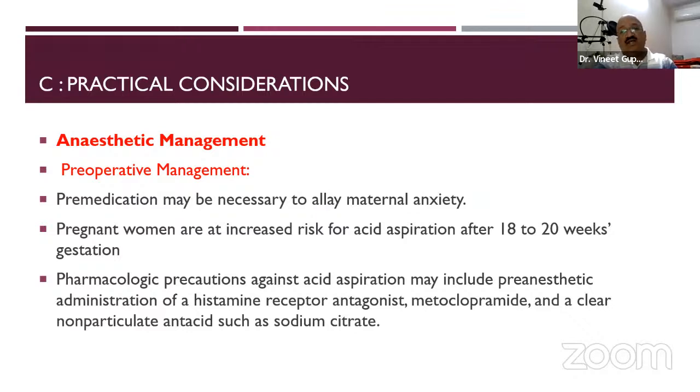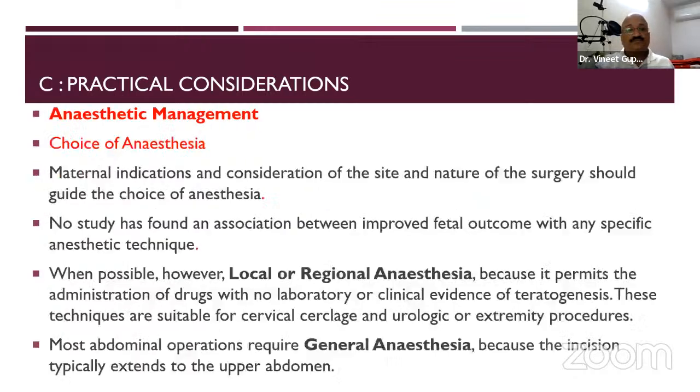Pregnant women are at increased risk for acid aspiration after 18 to 20 weeks of gestation. Pharmacological precautions against acid aspiration may include pre-anesthetic administration of a histamine receptor antagonist, metoclopramide 10 mg IV, and a clear non-particulate antacid such as sodium citrate. Then choice of anesthesia: maternal indication and consideration of the site and nature of the surgery should guide the choice.